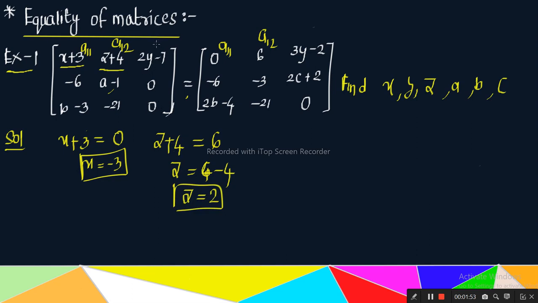In place of a13, here 2y minus 7 is there, and on the other side 3y minus 2 is there.